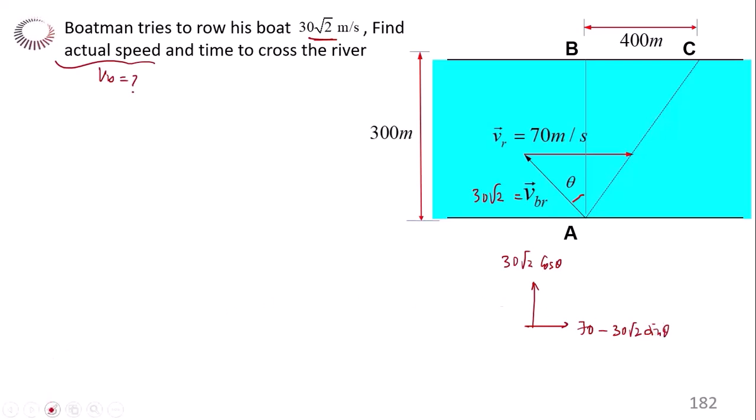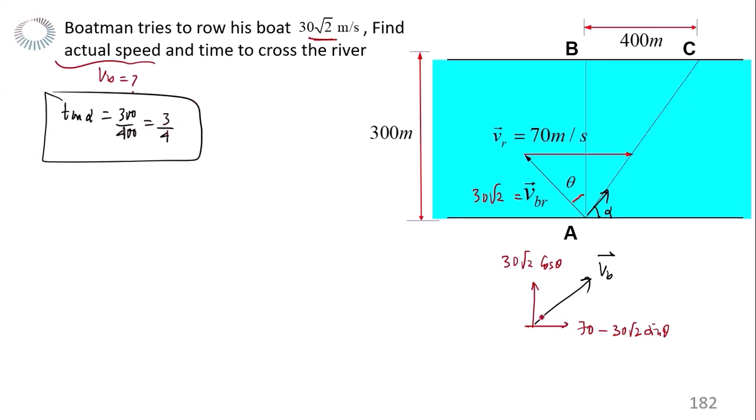And the resultant of these two is nothing but our VB vector. Now this is the direction in which the boat is moving. So this VB is making an angle alpha. So what is alpha? Tan alpha is 300 by 400, that is 3 by 4.